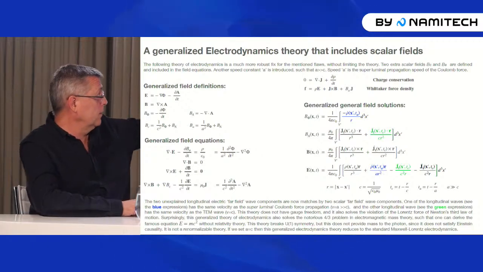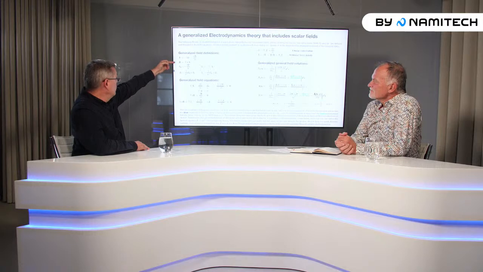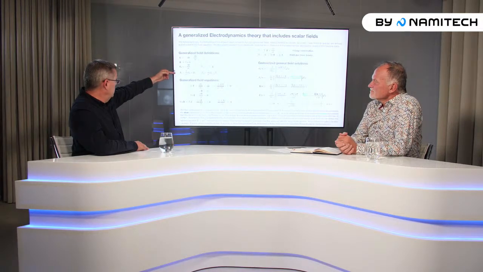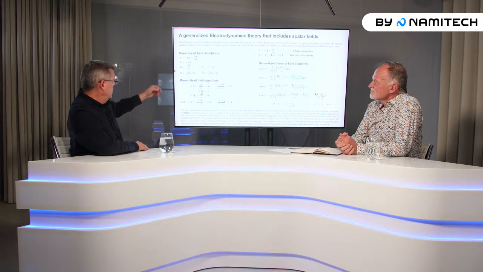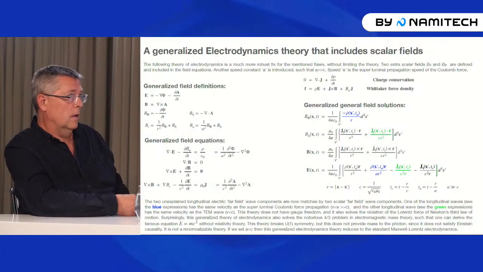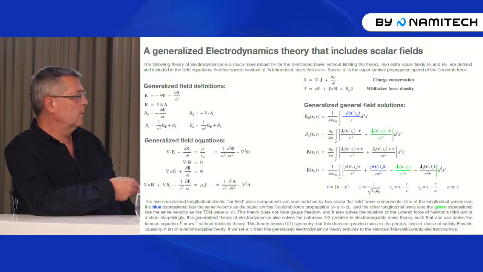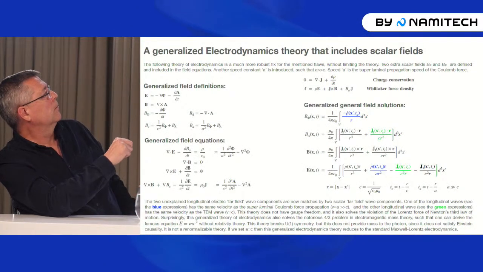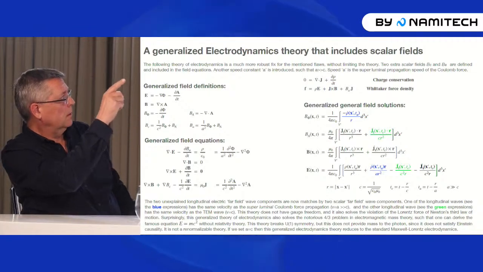These are here. And these are the normal electric and magnetic field. But then we have two types of scalar fields. And I have to introduce now another type of velocity, which is represented by the letter A.